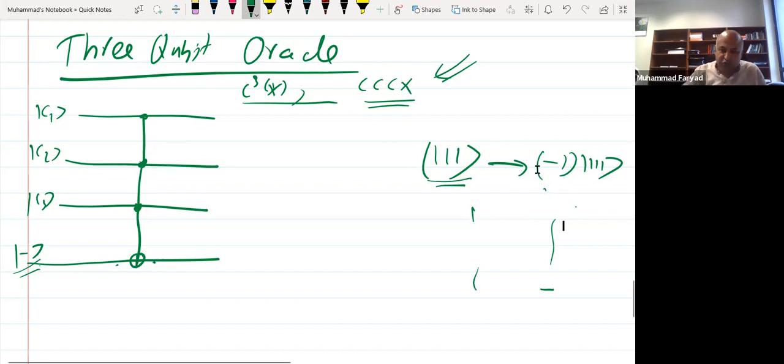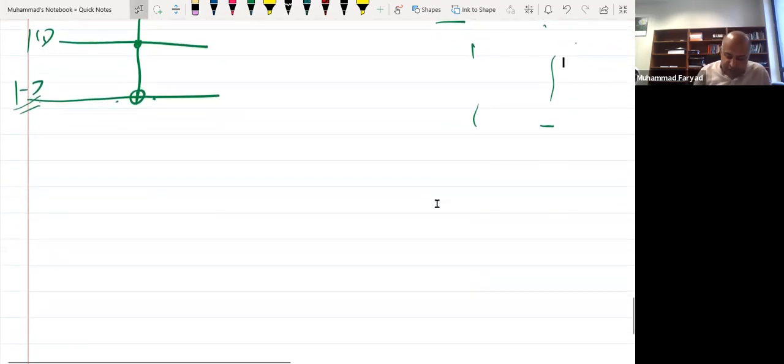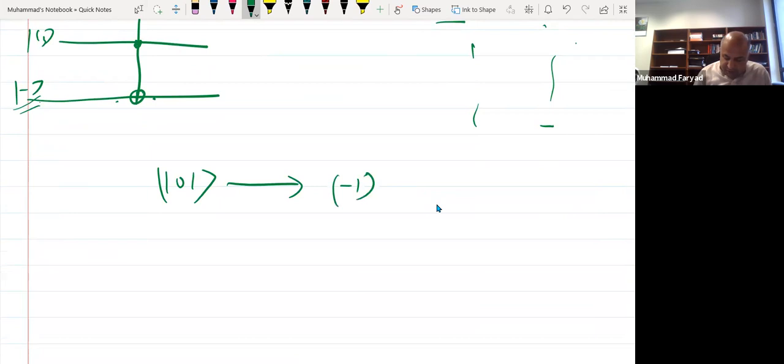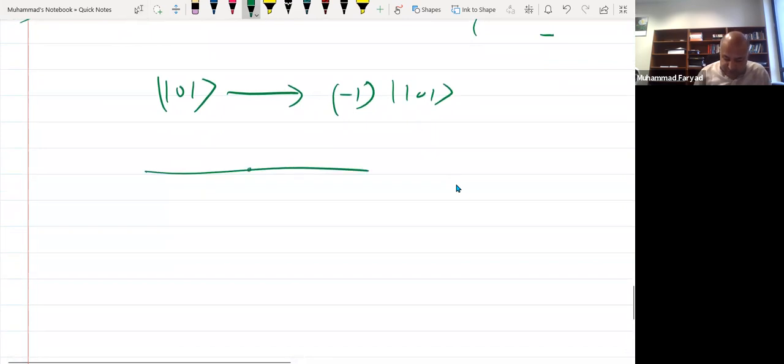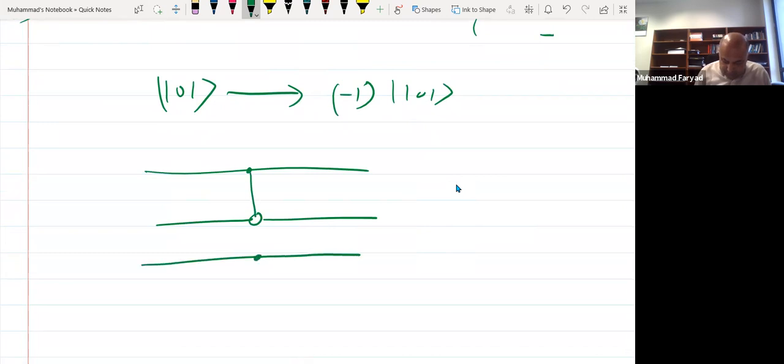And suppose I want a circuit that gives a minus sign to this state. So all I have to do is implement this gate. Right? Because this will work on 1, 0, 1.